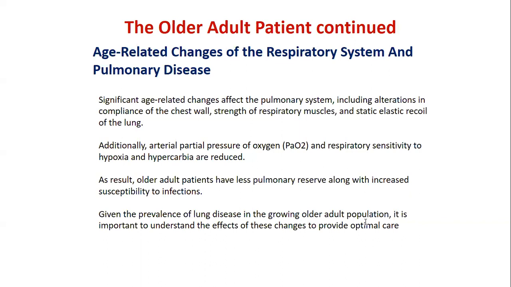So the respiratory system is basically a biological system consisting of specific organs like the lungs and structures used for gas exchange, right? So the anatomical structure and function are altered because of our aging process.